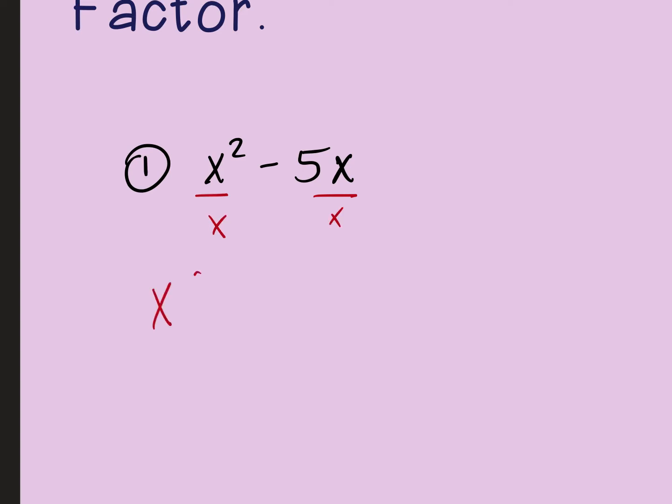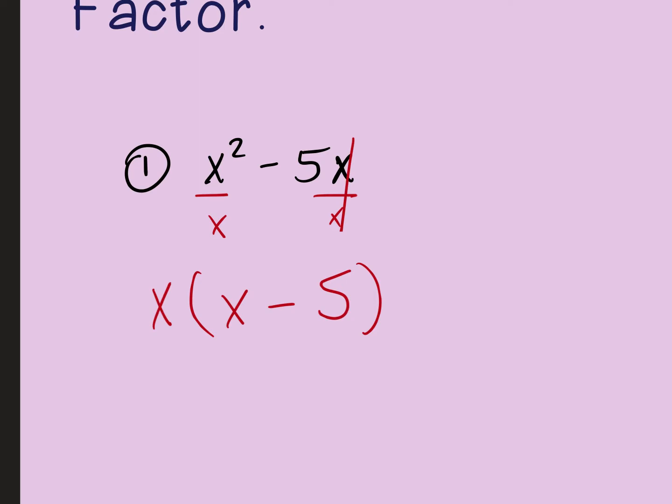So x is going to go to the outside, and then I'm going to divide both my terms by x. What is x squared divided by x? Just x. If I have 2 x's and I take 1 away, I'm left with just 1x. And then what is negative 5x divided by x? Just negative 5. So the x's cancel, and I'm just left with negative 5.